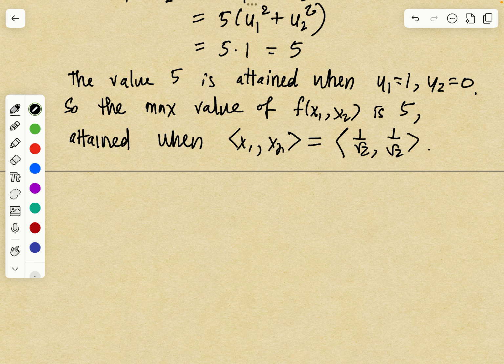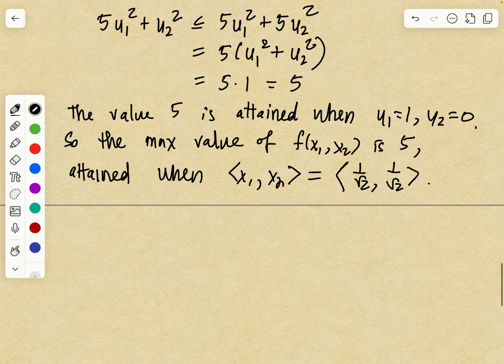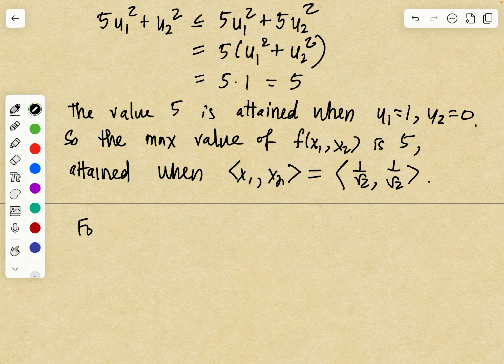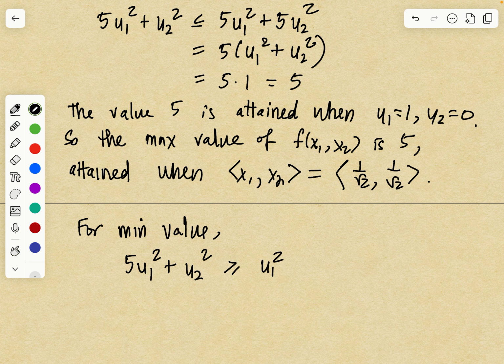And the same thing can be said for the minimum value. So for the minimum value, 5u1 squared plus u2 squared is going to be greater than or equal to u1 squared plus u2 squared, and that's 1.